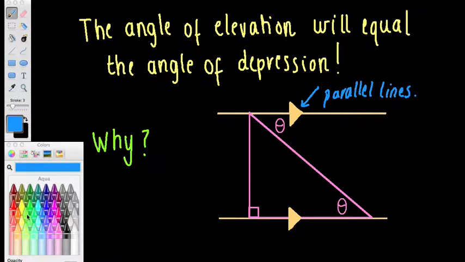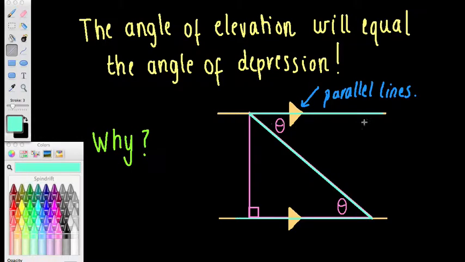I'll highlight something else for you as well, which might give you a clue as to why these are equal. Why these two angles here, elevation and depression, why are they equal? If I put a little line here, and then one following down there, and then a third across here, can you see that I've formed a Z?